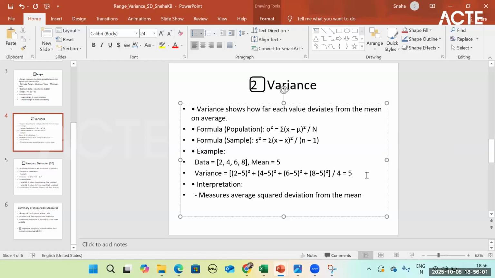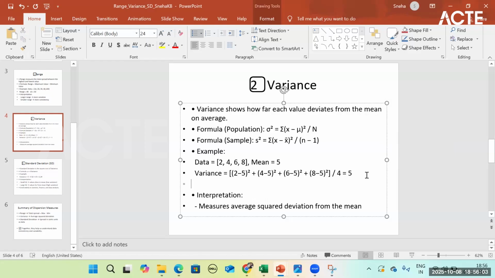Variance is represented as sigma squared. I don't have the symbol here, but variance is represented as sigma squared.